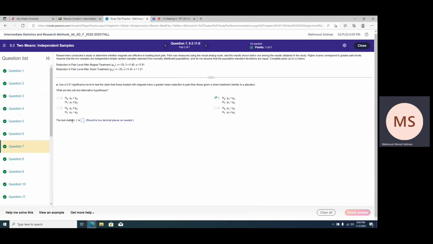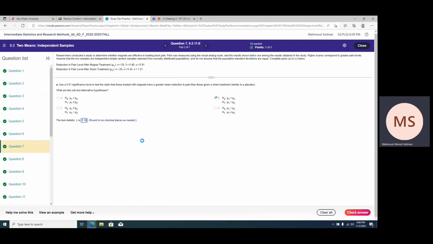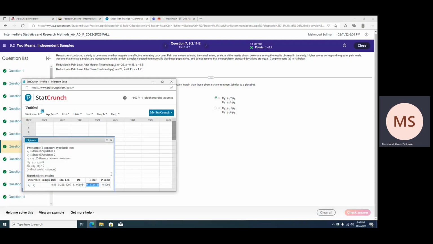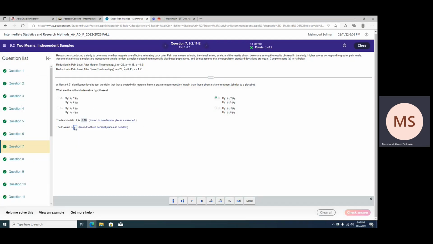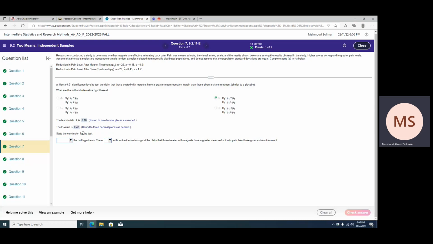You get T stat, copy, T stat, paste. P value, copy, paste. You don't have to write the 0 if it's at the end. So P value is 0.43, greater than 0.01. Fail to reject. So there is none.